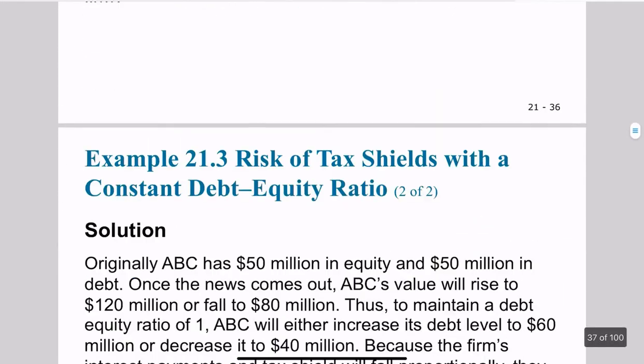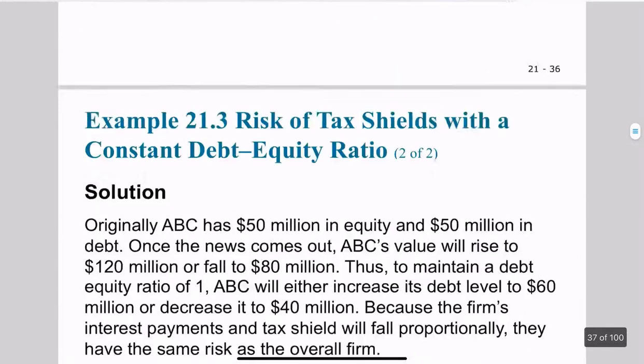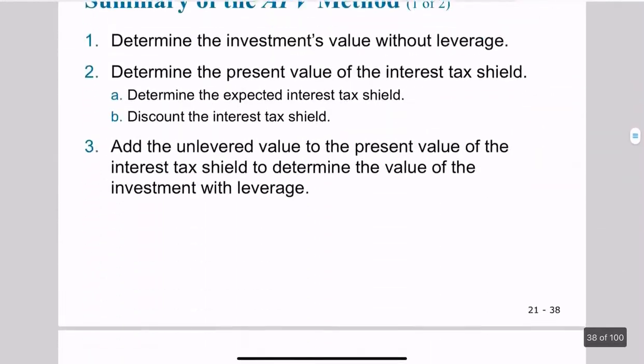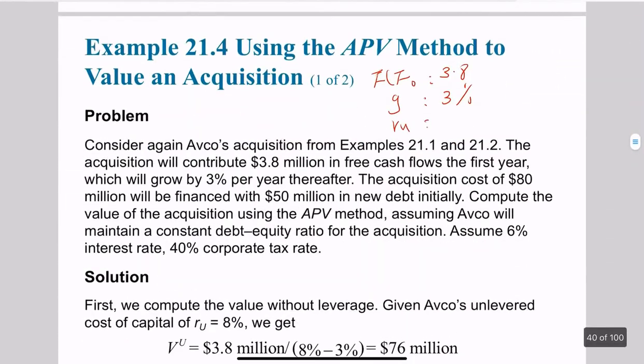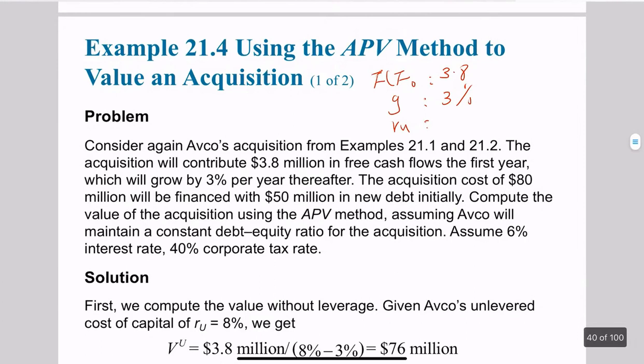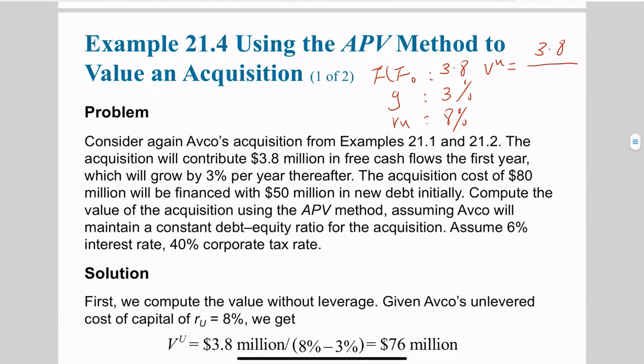And then using this 8% unlevered cost of capital, we can calculate this acquisition's unlevered value. Right. So basically here, the unlevered value would be the first year free cash flow divided by 8% unlevered cost of capital minus 3% growth rate.